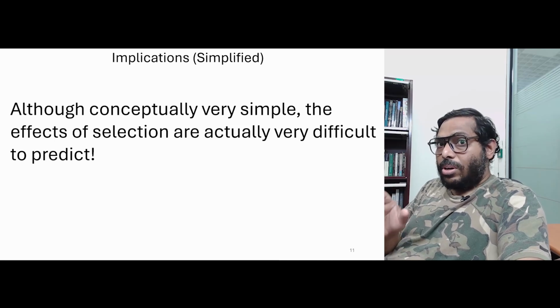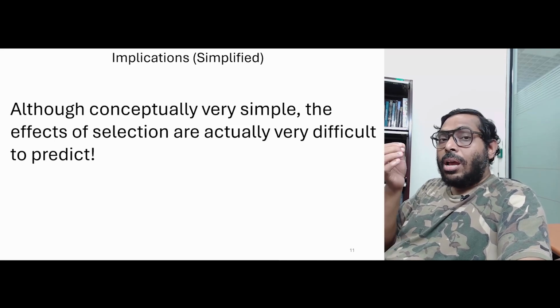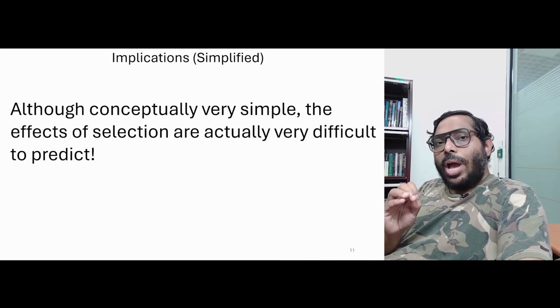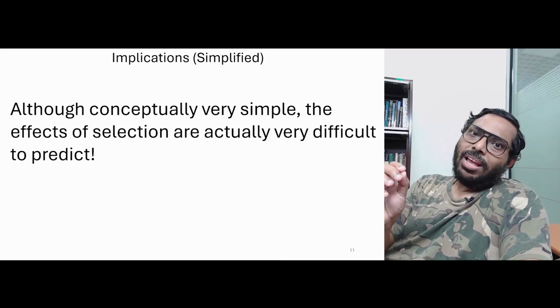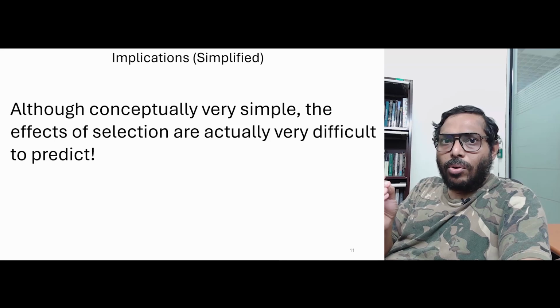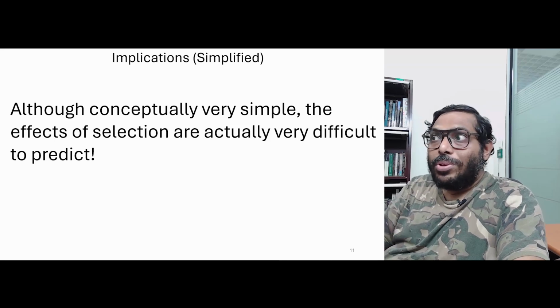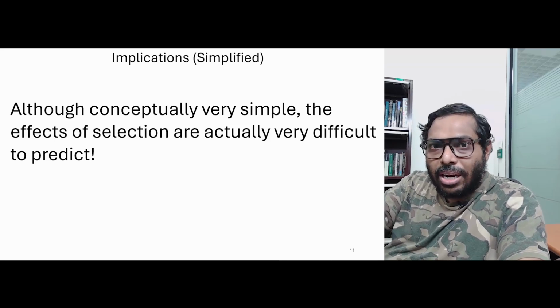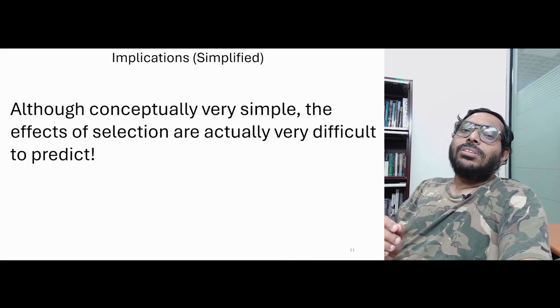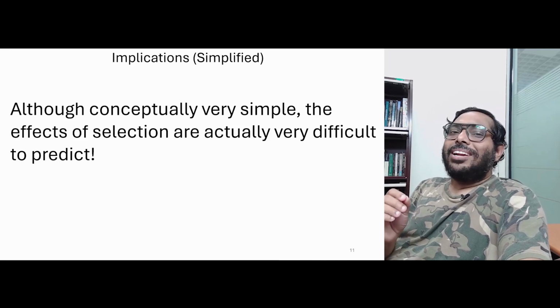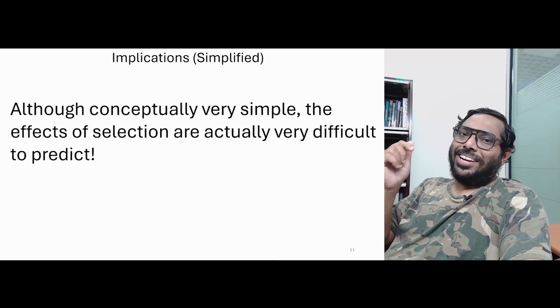All that is fine. Darwin said it in just a few words. However, when you actually look into the biology of the system and try to figure out what the effect of selection and other forces on the evolutionary trajectory will be, it becomes pretty complicated in most cases to predict it.